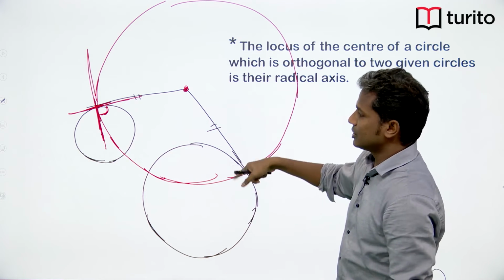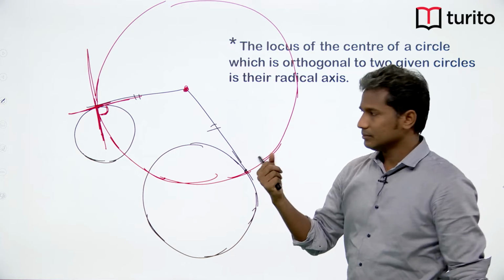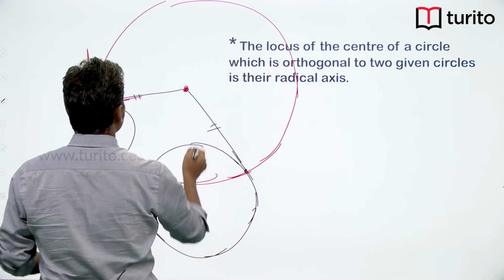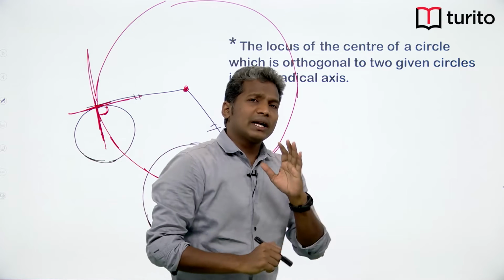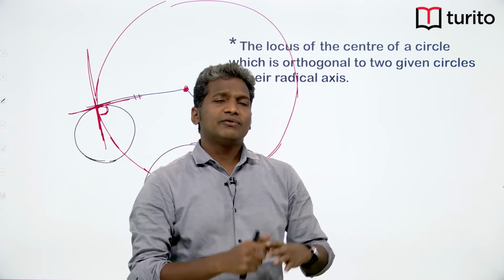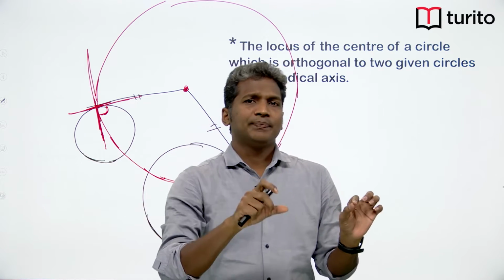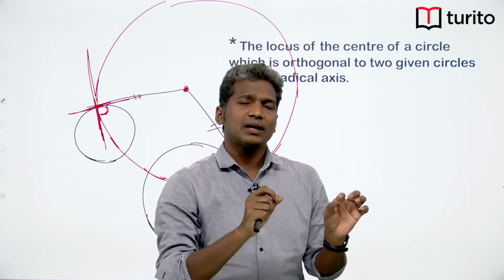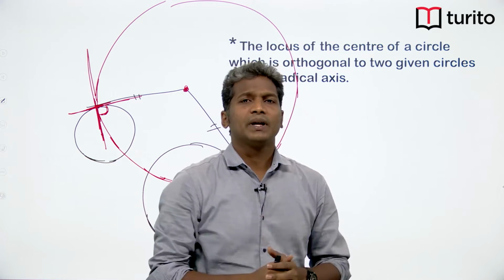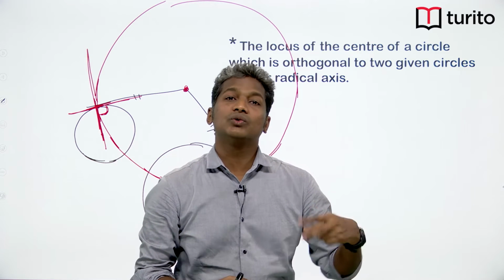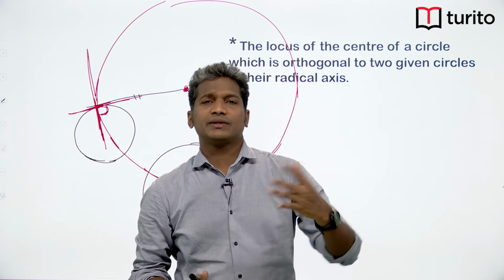Similarly, here also these two circles intersect orthogonally. So, overall conclusion is that from any point on the radical axis, if I draw the lengths of tangents and by taking that as radius and the point on the radical axis as center, if I draw any circle, it will be orthogonal to the two given circles, or vice versa.